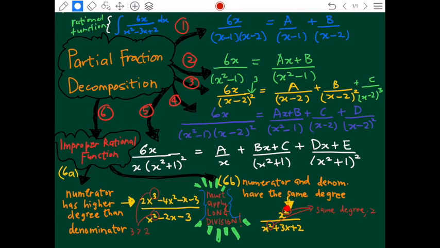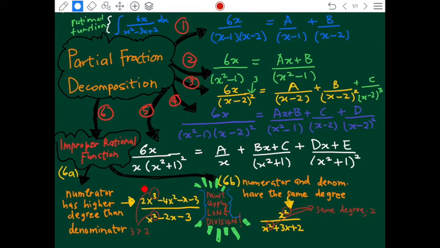In this example, x squared over x squared plus 3x plus 2, it has the same degree, which is 2. They share the same degree, 2 or 3, whatever it is, so long as it has the same degree, then we can call it an improper rational function.